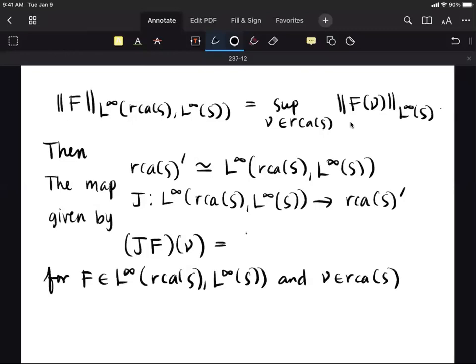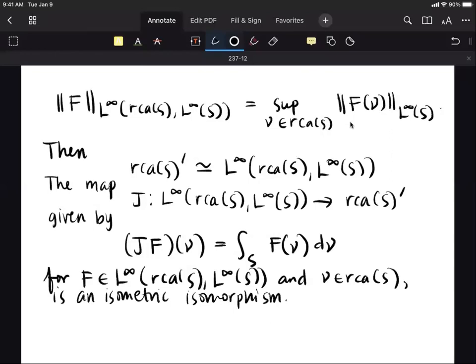So we integrate over S f of nu d nu. Now take note that this is an element of L infinity of S. So this is also an isometric isomorphism.